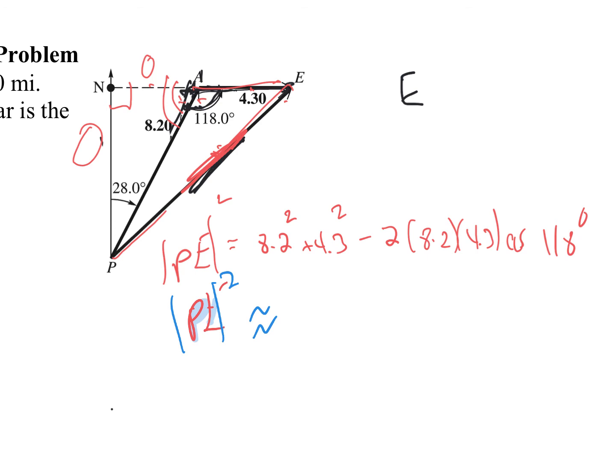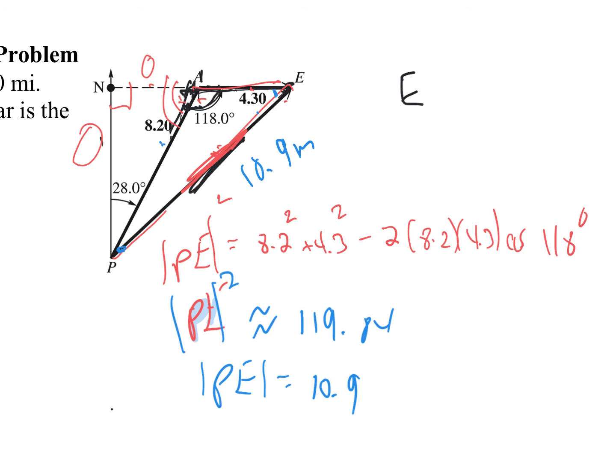I have two decimals here, so I'm going to use two decimals. 119.84. Take the square root, and you find out that the magnitude of the resultant is 10.9. That means that's how far I am. I'm 10.9 miles now away from the beginning.